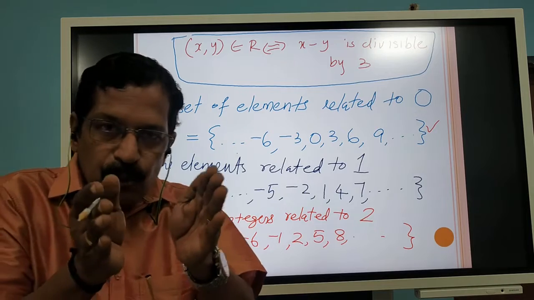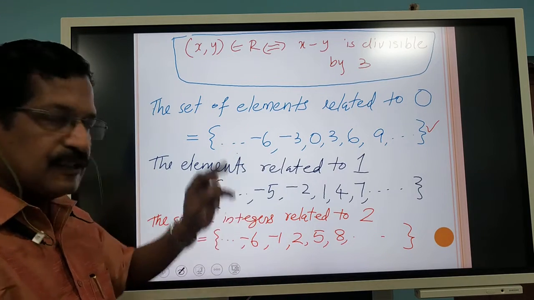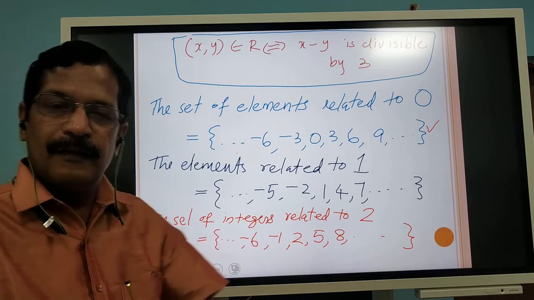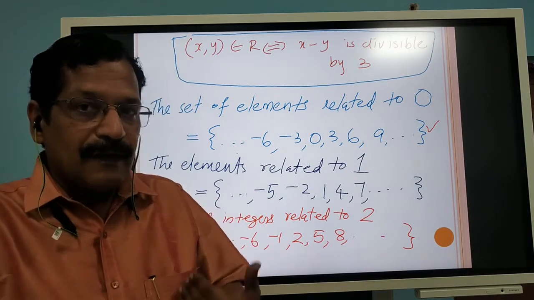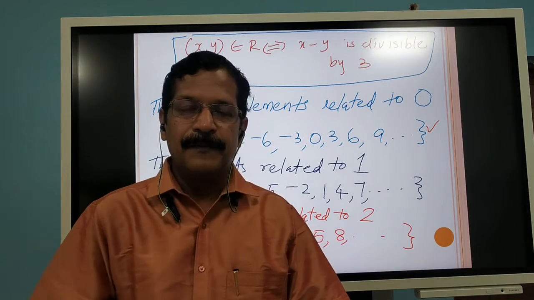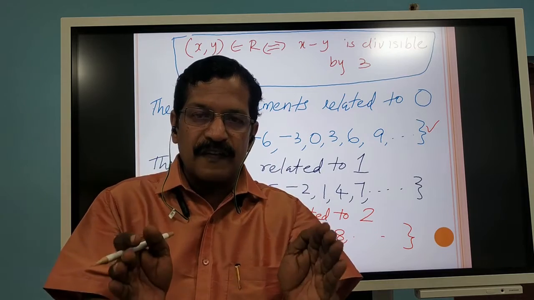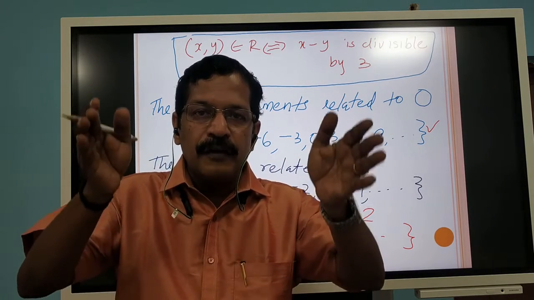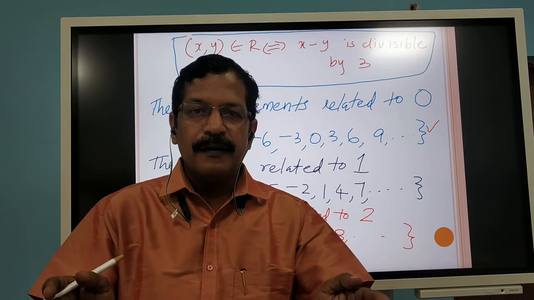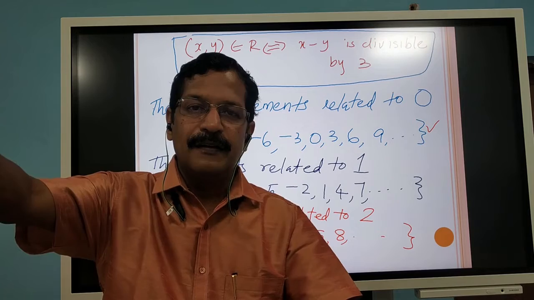Of course, what will be the union of these 3 sets? When we take the union of these 3 sets, we will get the set of all integers. So, what exercise have we done here? We have taken the set of all integers and defined a relation R, and that R is an equivalence relation.